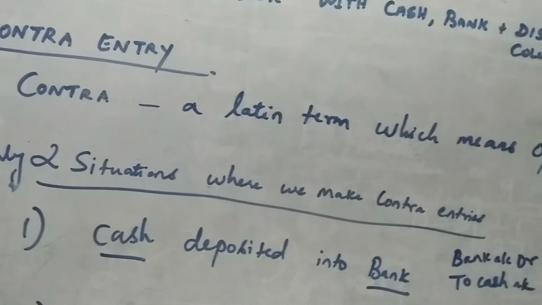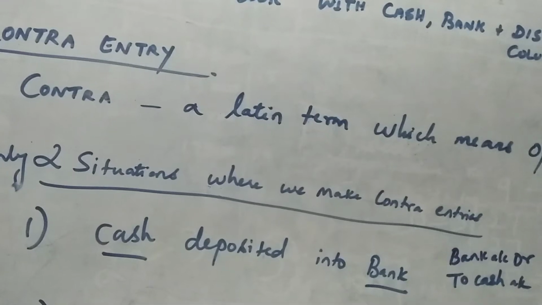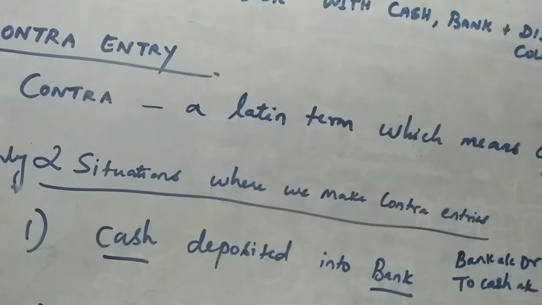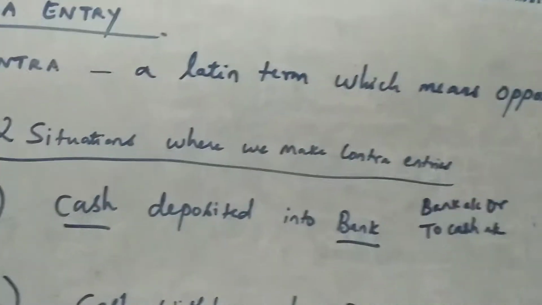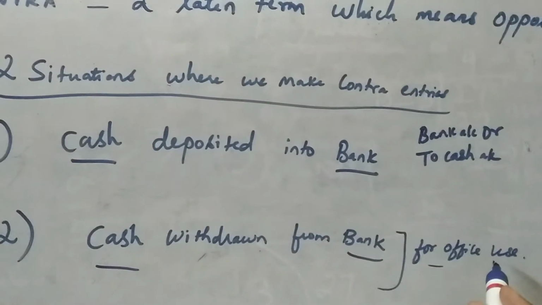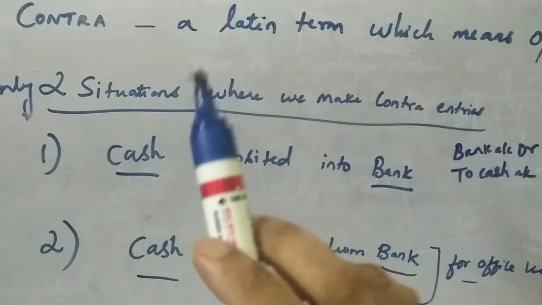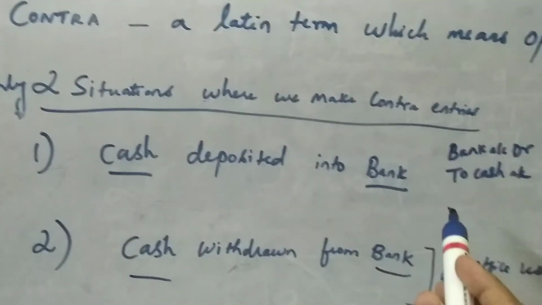But you will have contra entry only when cash withdrawn from bank. Even if nothing is given, you will treat as if it is for office use. Okay? These are the 2 situations where we make contra entries.